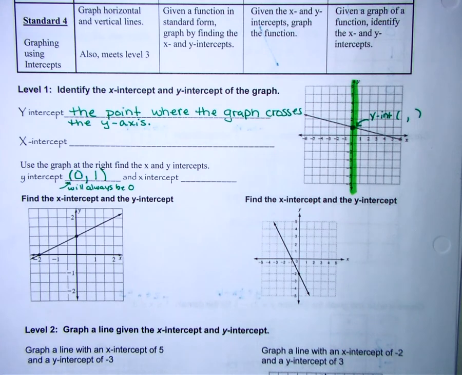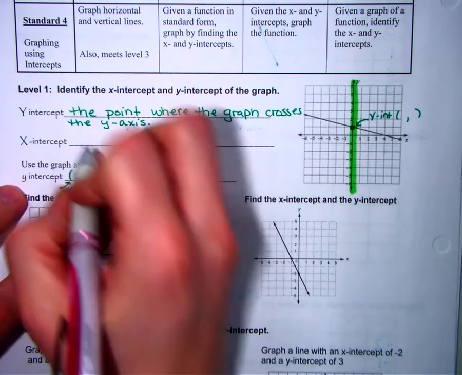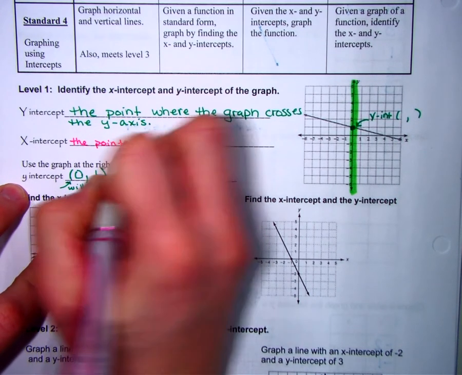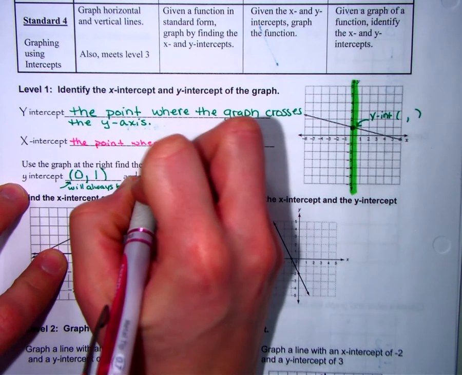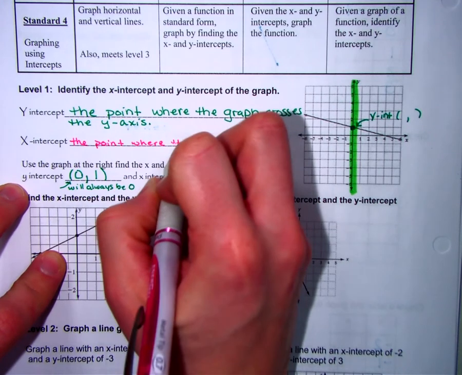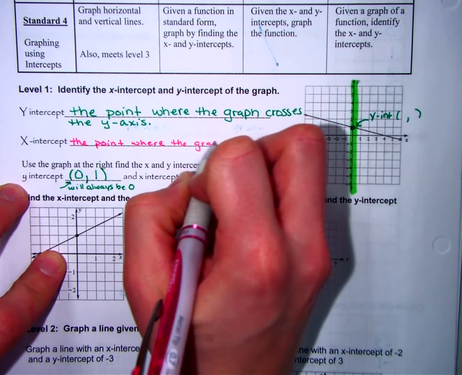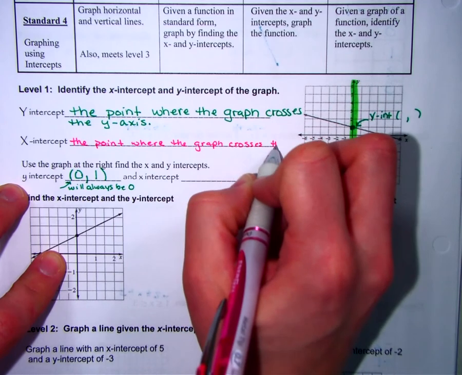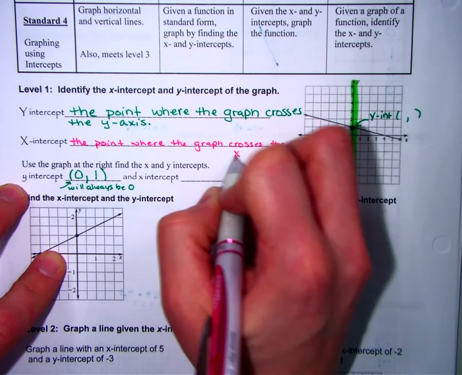Now let's just do the x-intercept, which is just the opposite. I'm just going to write x instead of y. It is the point where the graph crosses the x-axis.